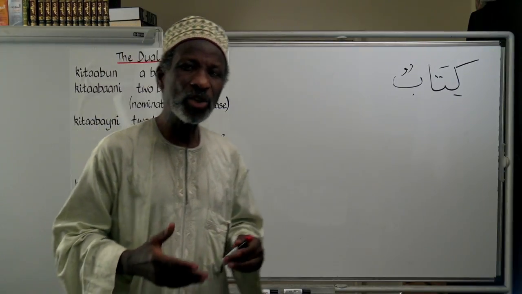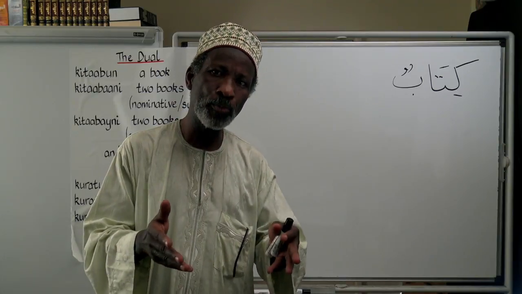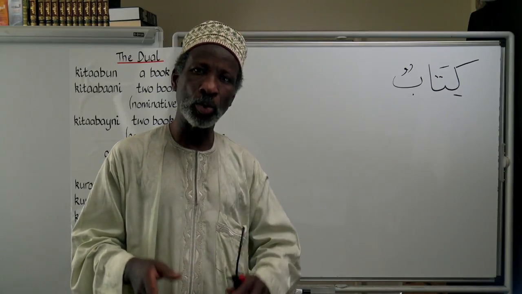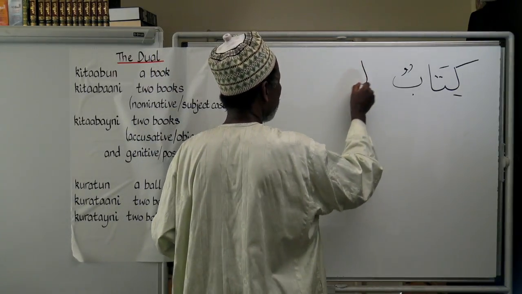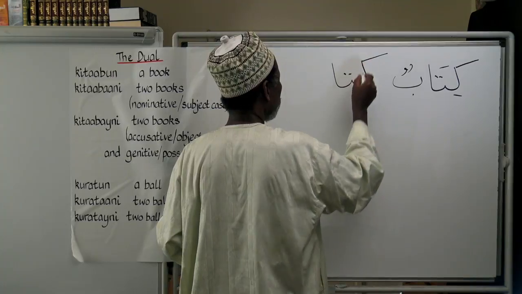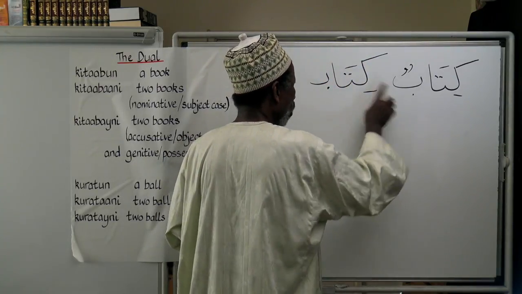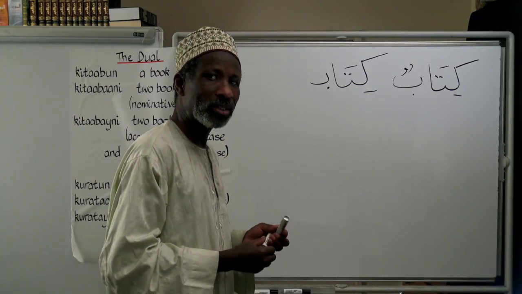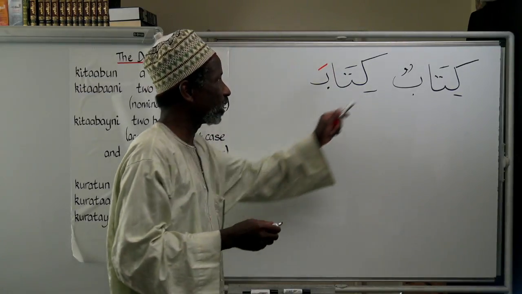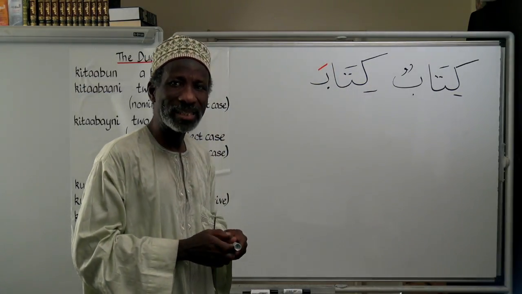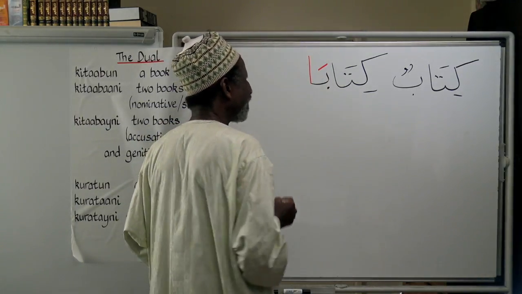Now, if you want to say two books, this is what you do to any singular noun to be converted into dual. Let's write kitab again. That's the kitab. Now, this is the last letter of the noun. You simply put fatha instead of these two dhamma, put a sound on it and extend it using an alif.